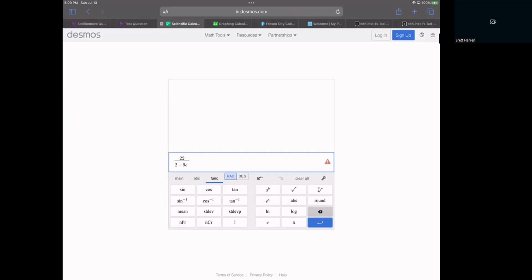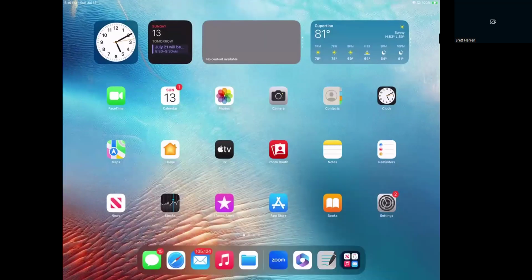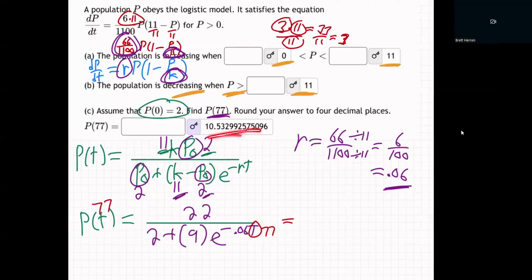E to the power of minus 0.06 times 77. I think we need parentheses here. There we go, 10.53299. And we got it, 10.53299.